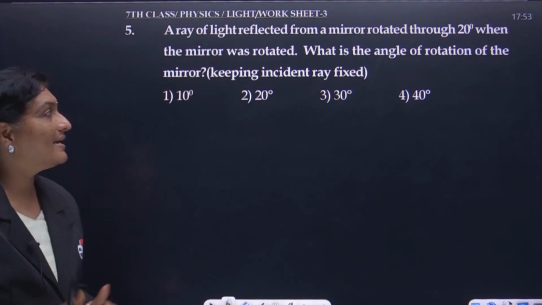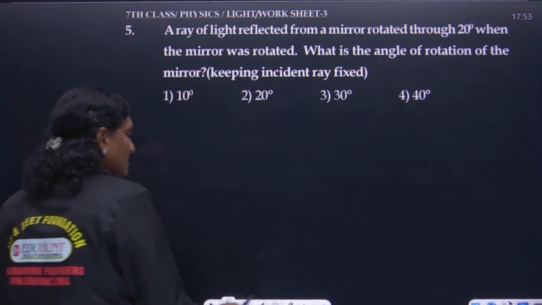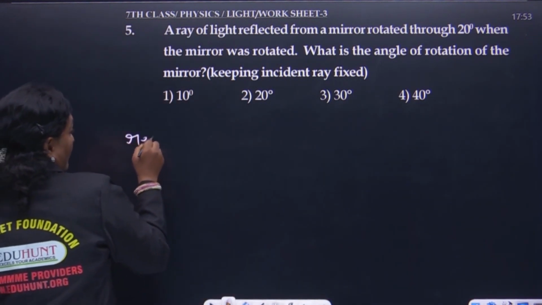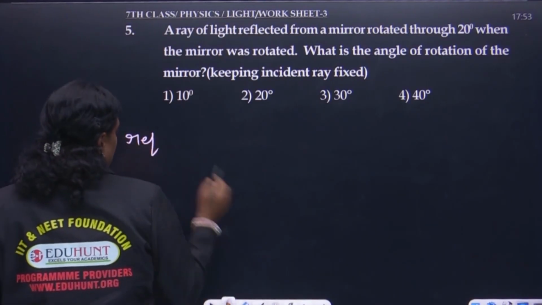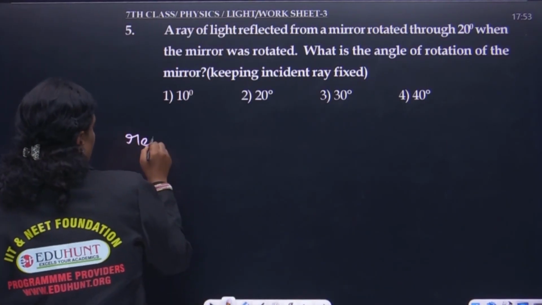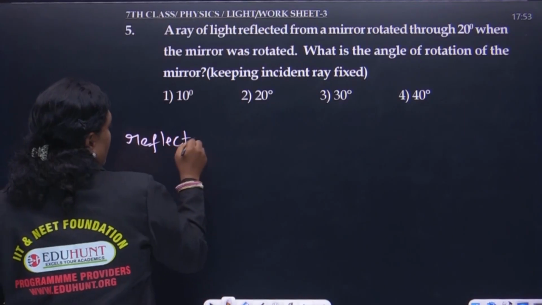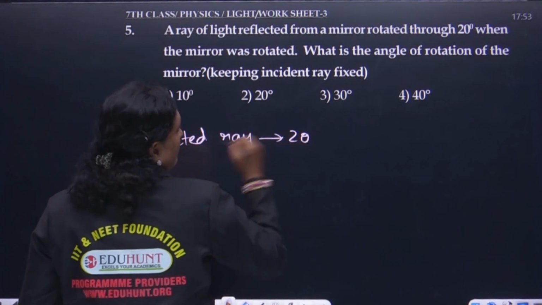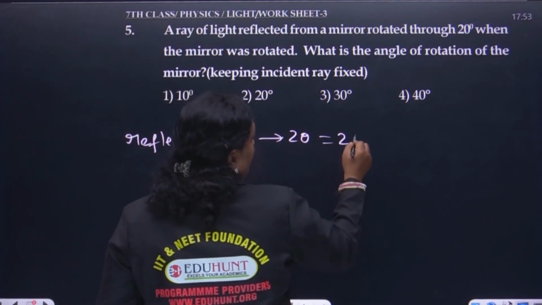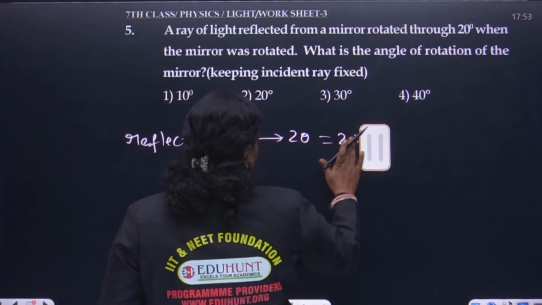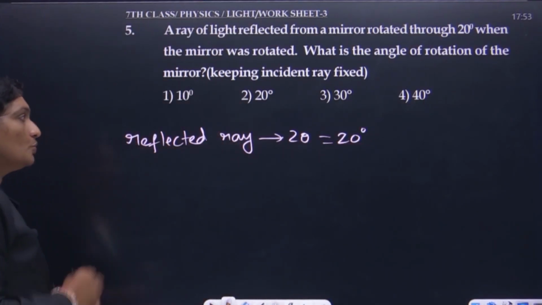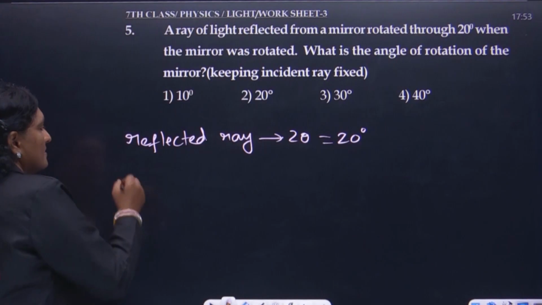What is the angle of rotation of the mirror? The given condition is that the reflected ray is rotated by 2 theta. So 2 theta is given as 20 degrees.